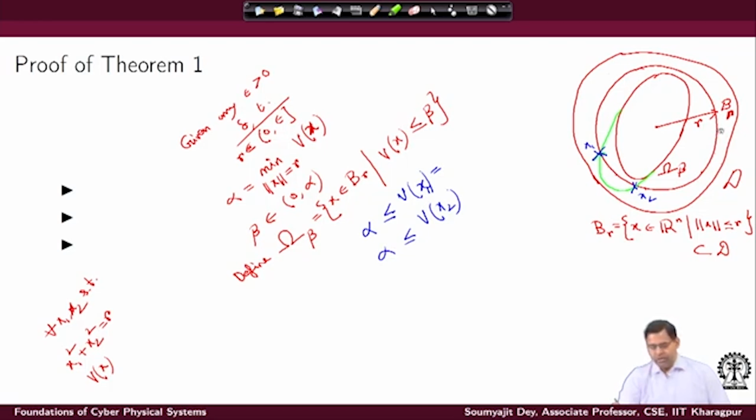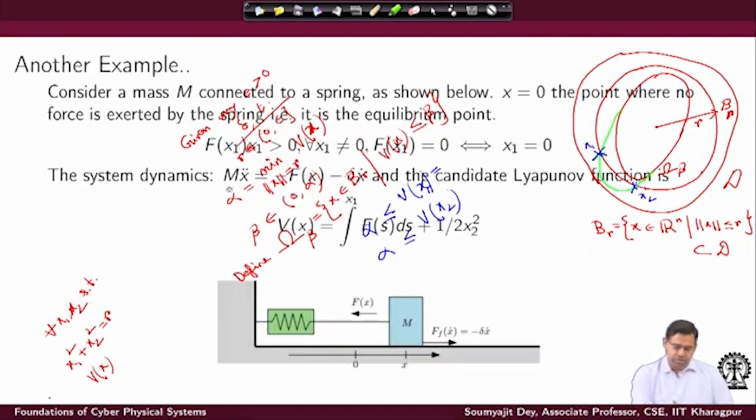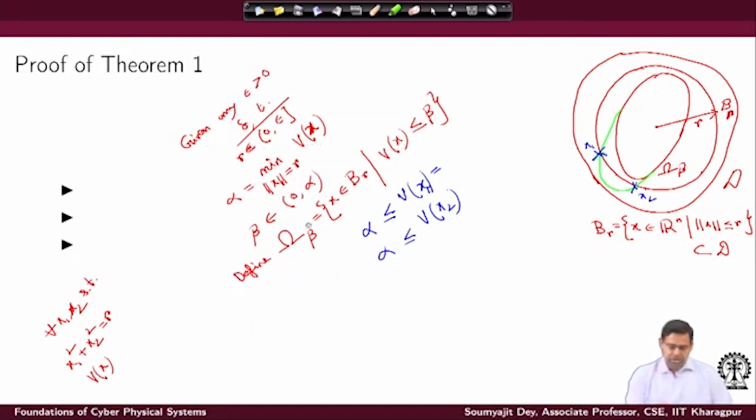Among those values, whatever is the smallest value, the place where the distribution will dip, I am taking that as my value alpha, right. Then I am choosing a parameter beta which is smaller than that, and I am defining a space omega beta. That is defined to be a space which is also a member of Br, and for it Vx is less than beta.